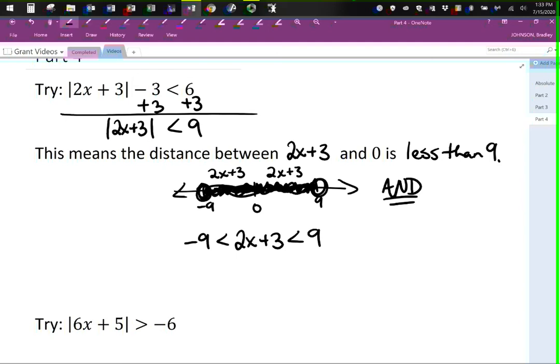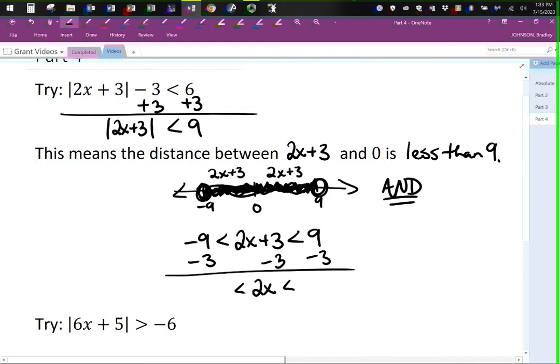You could think of it as two separate pieces, or just put it together as one. Now I could subtract 3 all the way around, and we would get 2x in the middle. Negative 9 minus 3 is negative 12, and 9 minus 3 gives you 6. And then I'm dividing everything by 2.